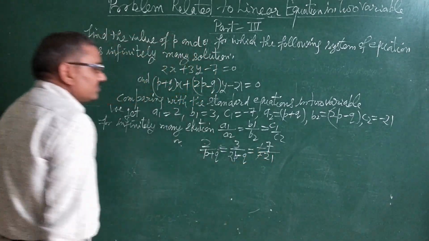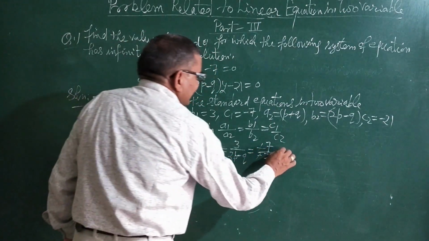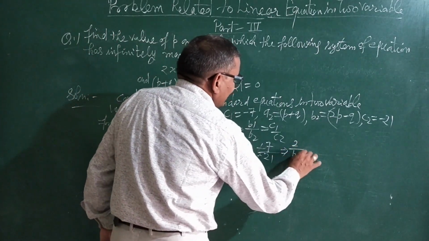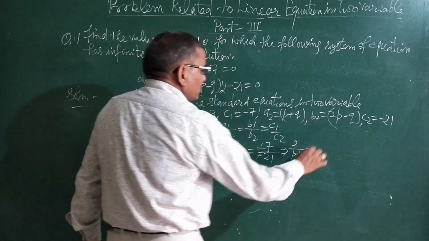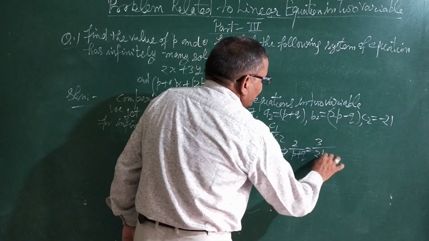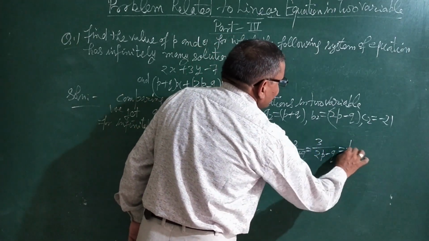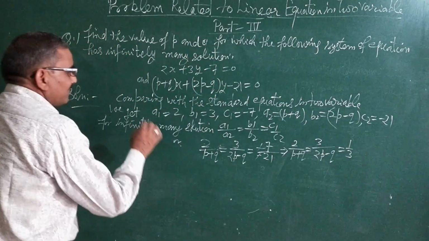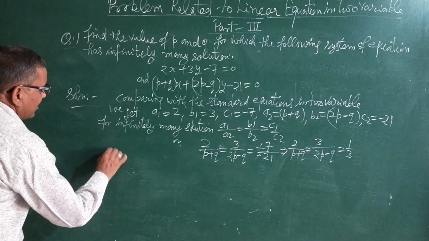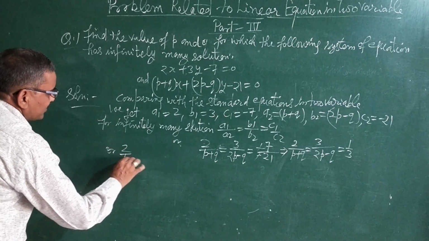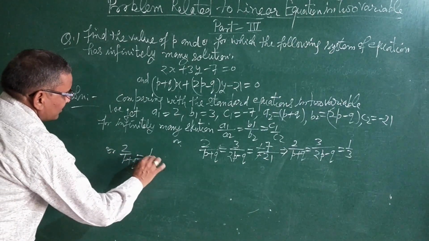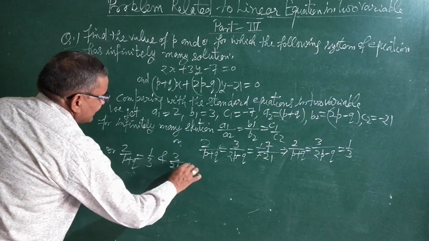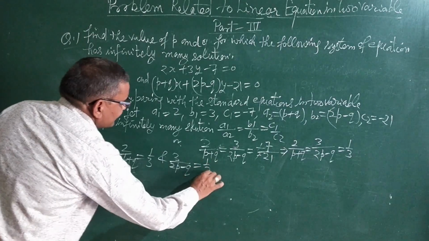Minus minus cancelled out. This can be written as 2 upon P plus Q is equal to 3 upon 2P minus Q is equal to 1 upon 3. Taking first and last, we get 2 upon P plus Q is equal to 1 upon 3, and 3 upon 2P minus Q is equal to 1 upon 3.